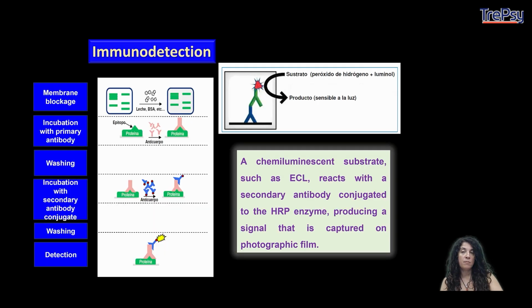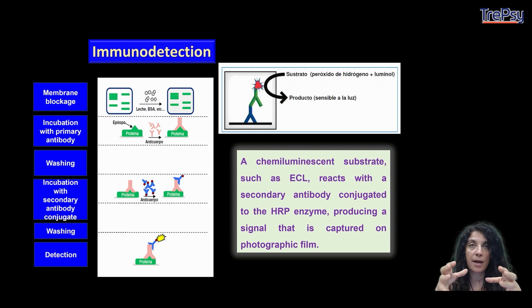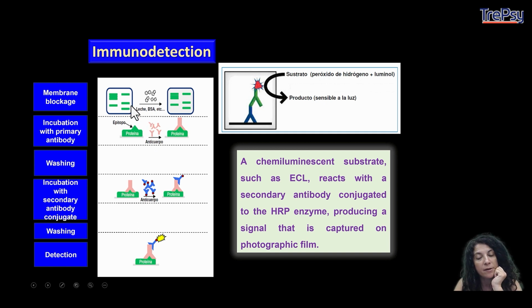To do my immunodetection, first I have my membrane. I have to block my membrane with, for example, milk or different types of serum. Then I have to incubate with the primary antibody, wash, and incubate with the secondary antibody as in immunohistochemistry, but the secondary antibody is conjugated.